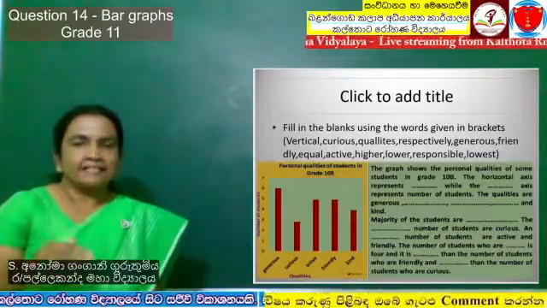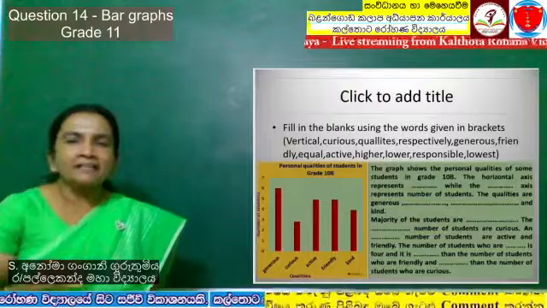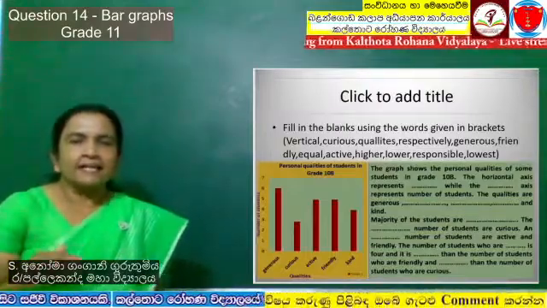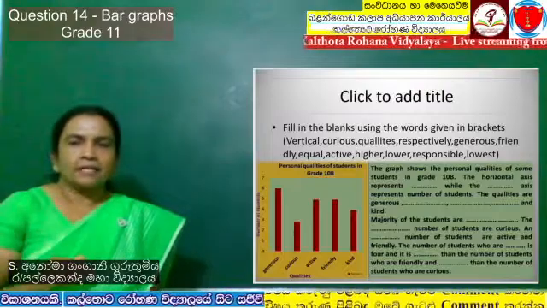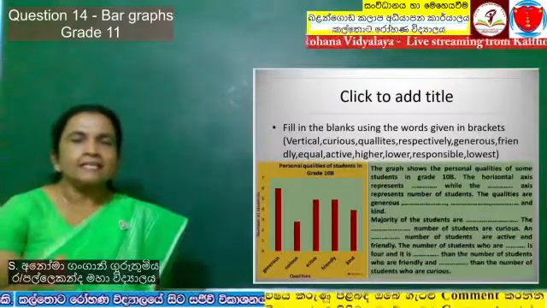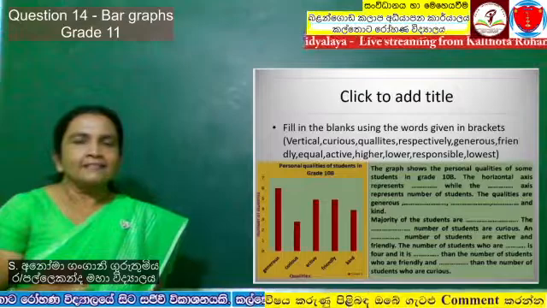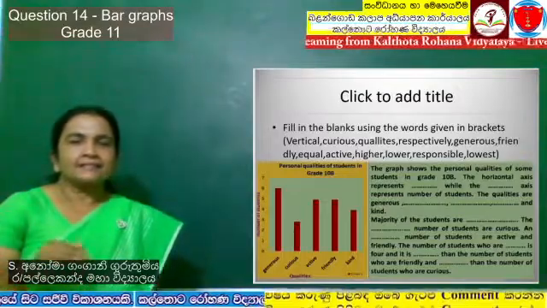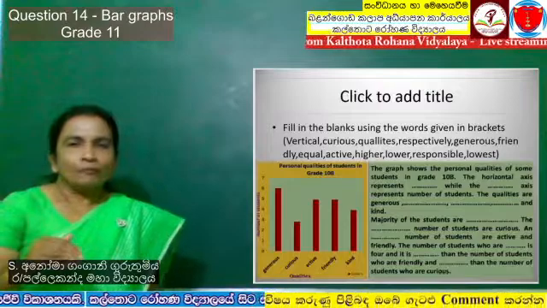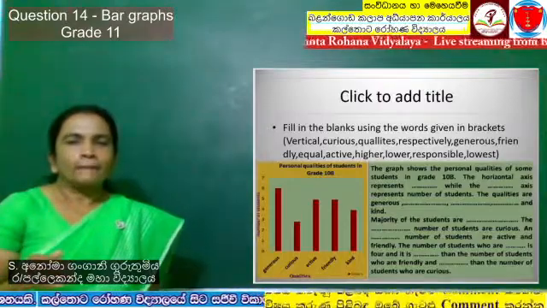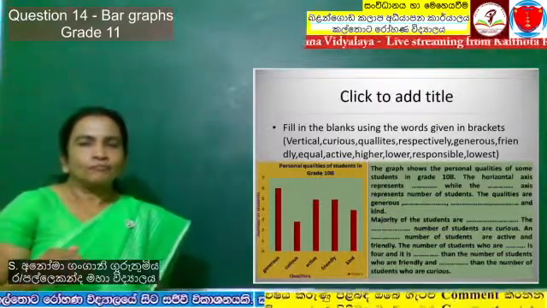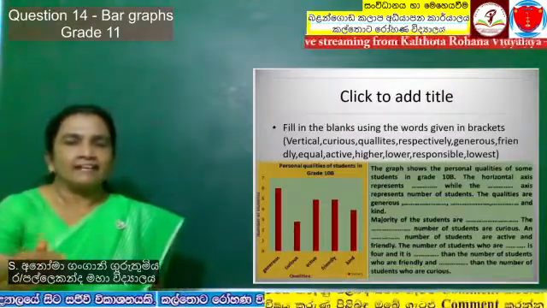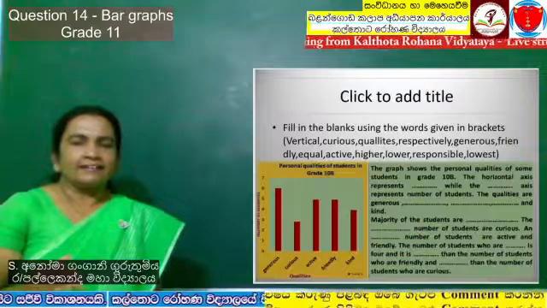Qualities, while the vertical axis represents number of students. The qualities are generous, curious, friendly, active and kind.